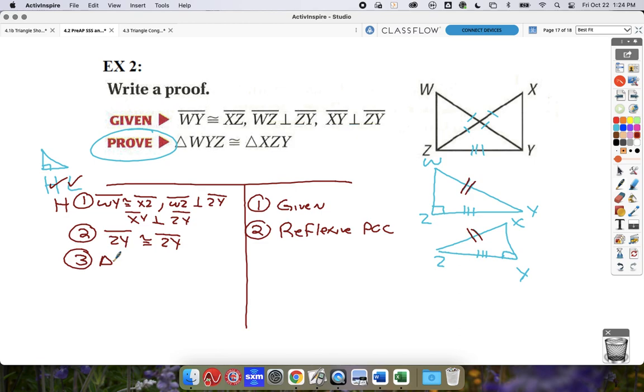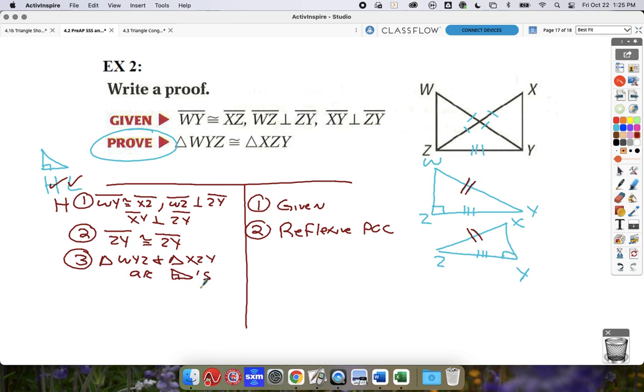So I can't say that triangle WYZ and triangle XZY are right triangles? You have to write that in? Yeah. I have to put that because if they're not right triangles, HL doesn't work. And then the hard part is, why are they right triangles?